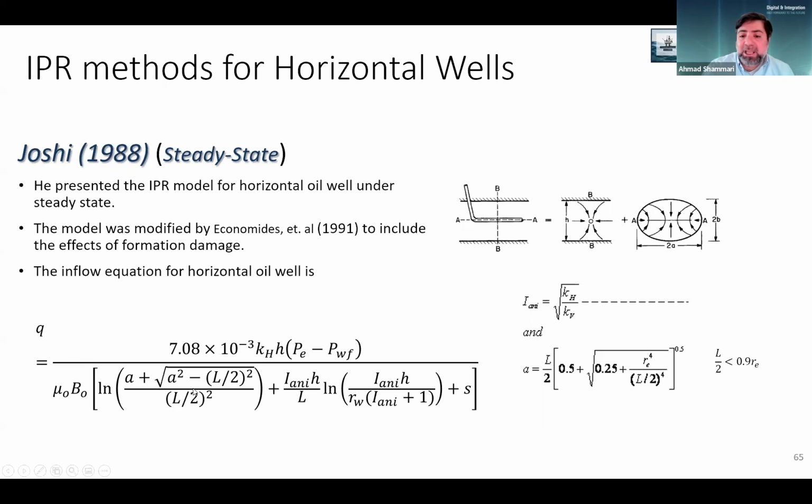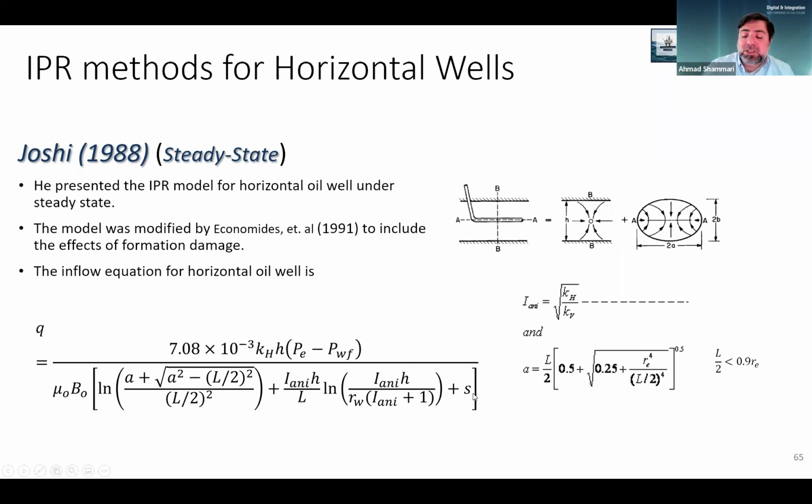L again is the length of the horizontal section, right? I is given by this equation here, which is the square root of KH divided by KV. KH is the horizontal permeability, KV is the vertical permeability, okay? So the square root of horizontal permeability divided by vertical permeability will give us the anisotropy, right? And then everything else is available.